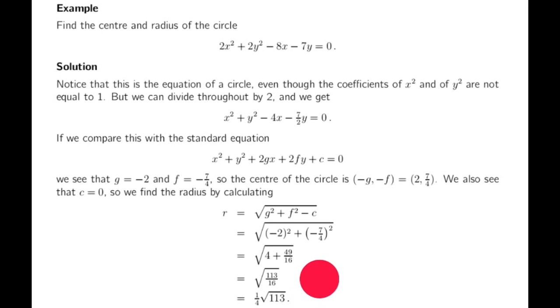Now we have calculated the center minus g comma minus f equal to 2 comma 7 by 4 and radius r equal to square root of g square plus f square minus c equal to 1 by 4 square root of 113. So we have used the general equation of the circle x square plus y square plus 2gx plus 2fy plus c equal to 0.